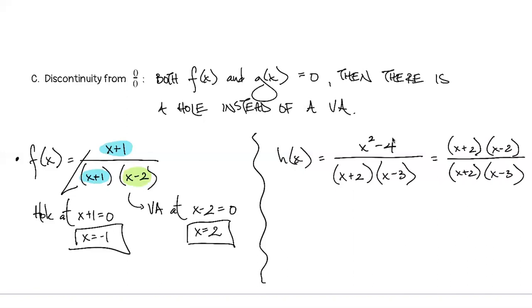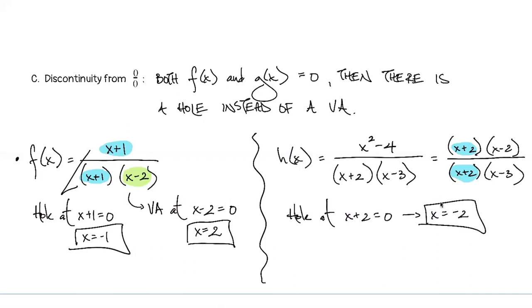Let's do our color coding here. I can tell that there's a factor on the top that is the same as the factor on the bottom. So we can say that there is a hole at x plus 2 equals 0, or at x equals negative 2. That means if you threw this graph on Desmos and clicked on x equals negative 2, it would be like negative 2 comma undefined.